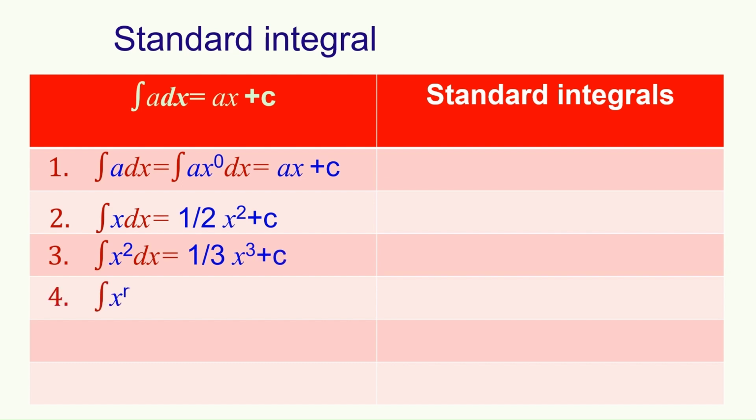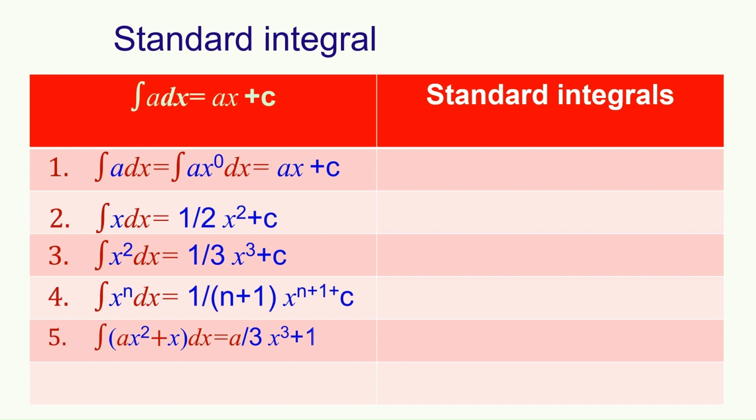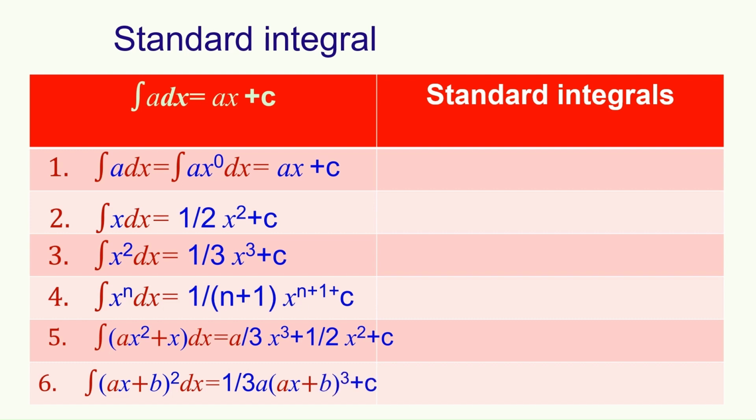Indefinite integral x to the power of n dx equals 1 divided by n plus 1 times x to the power of n plus 1 plus c. Indefinite integral ax squared plus x dx equals a divided by 3 x cubed plus half times x squared plus c. Indefinite integral ax plus b whole squared dx equals 1/3 ax plus b whole cubed plus c.